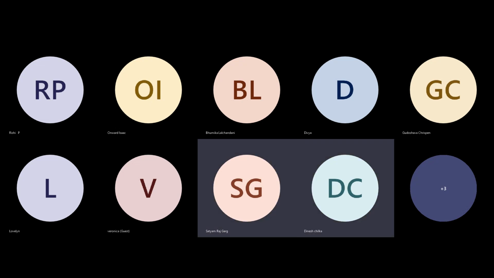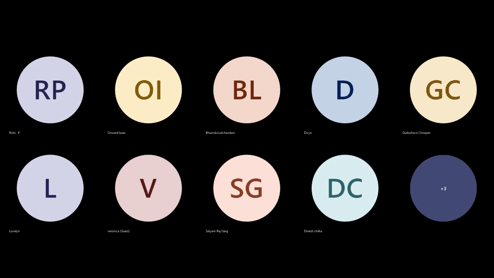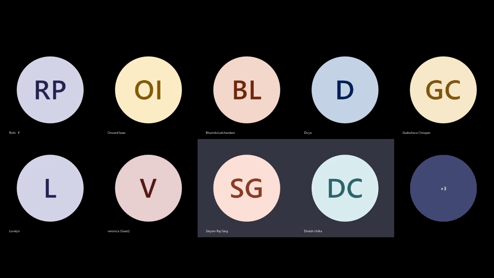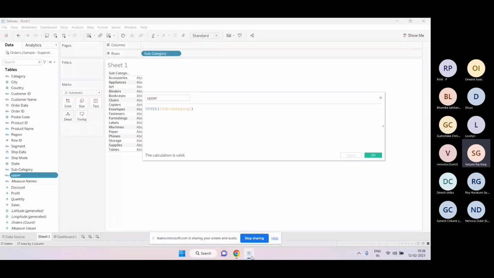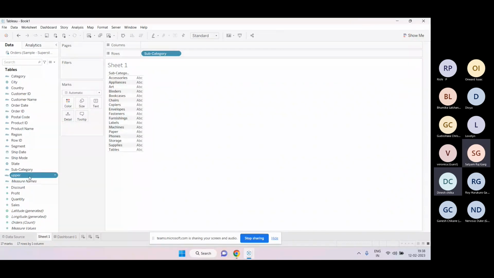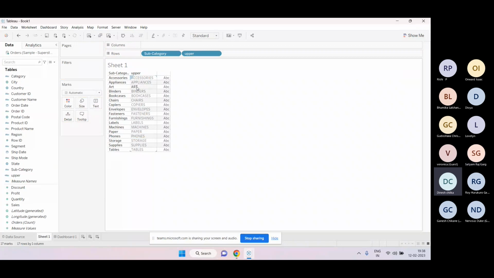If you are facing any difficulties, then you can tell me. Okay, now it is visible. Now it is perfect, upper subcategory. Click on OK. Now just drag it into here. It's showing automatically. Same way you can create the lower category.